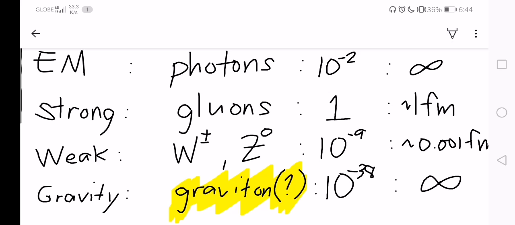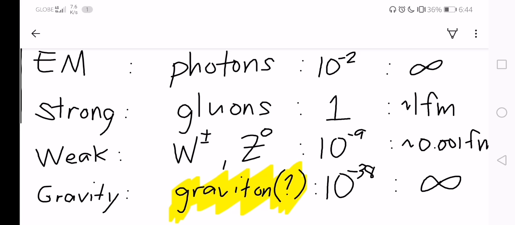So one of the reasons why it is very hard to detect is that gravity is very weak compared to the three other forces. To see how much weaker gravity is compared to the three forces, we have here their relative strengths.